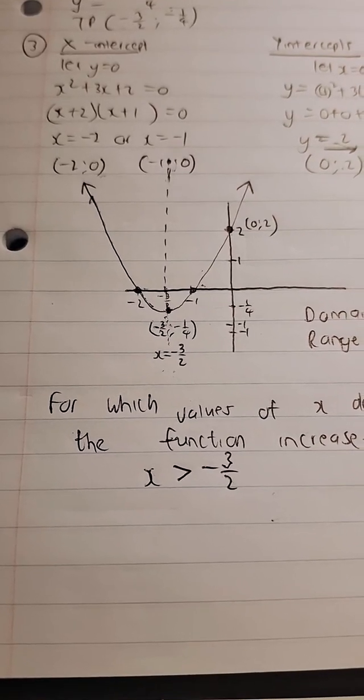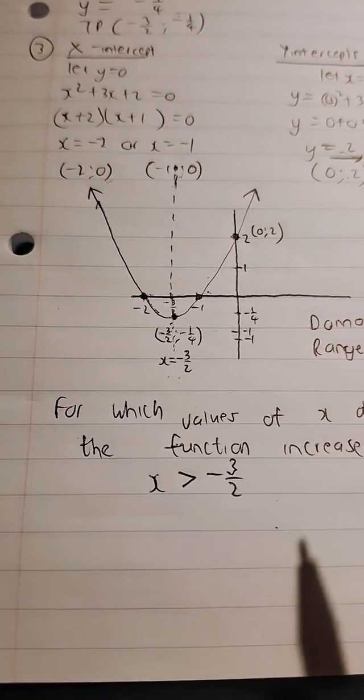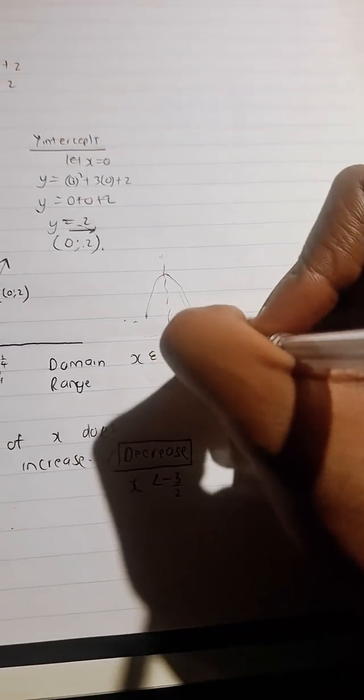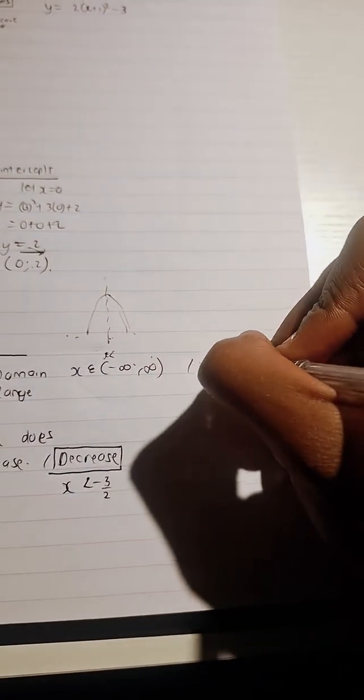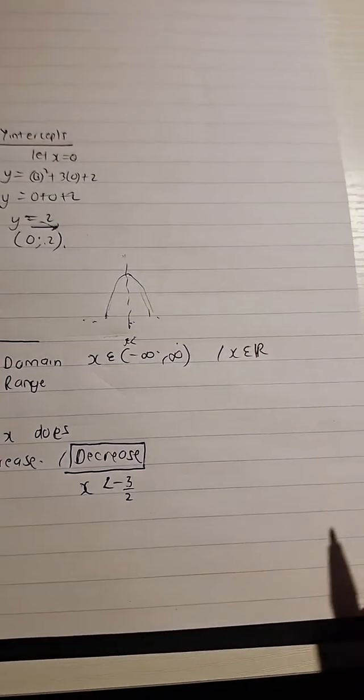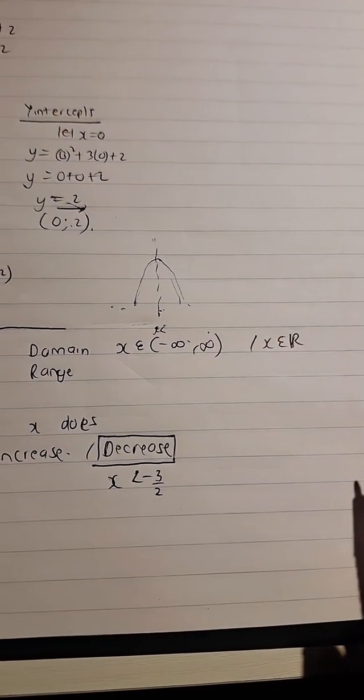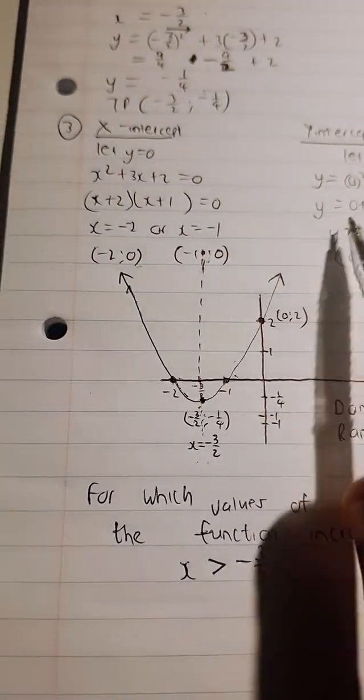So we can say x is an element of negative infinity to infinity with open brackets, or we can say x is an element of real numbers.